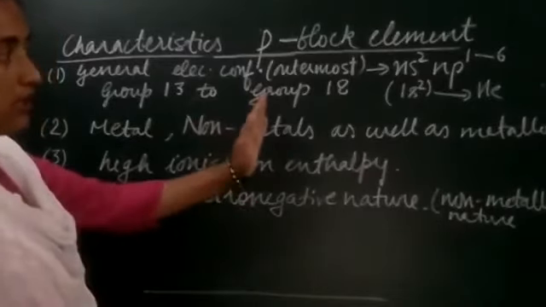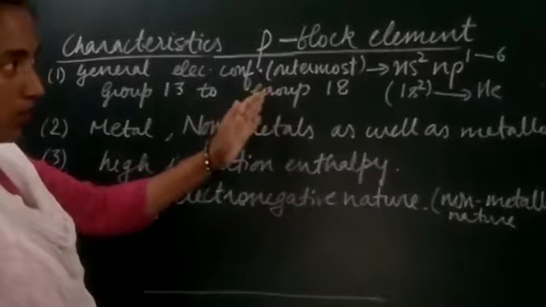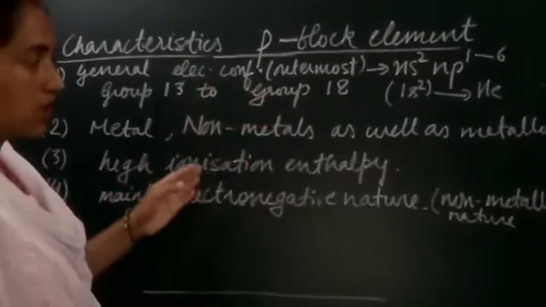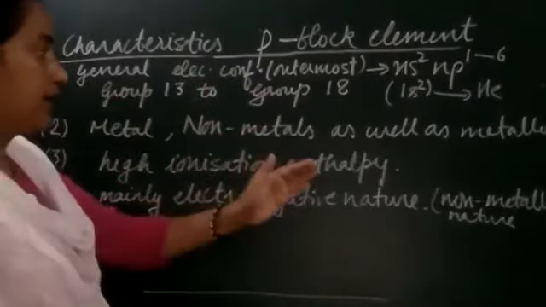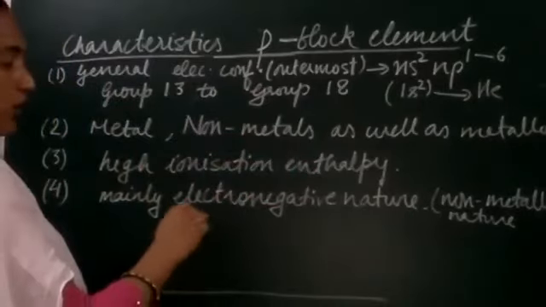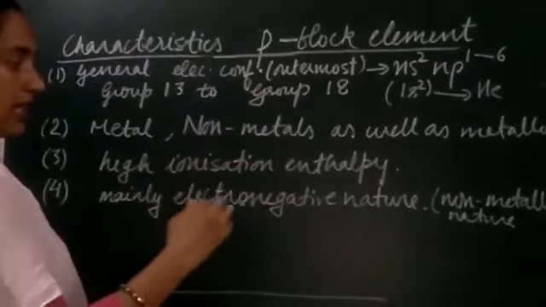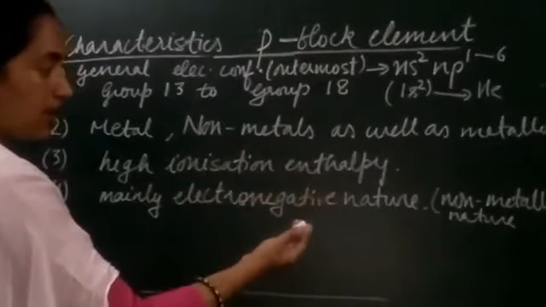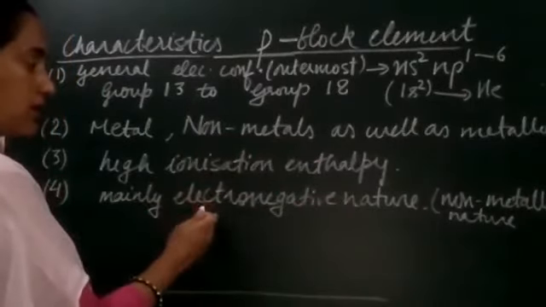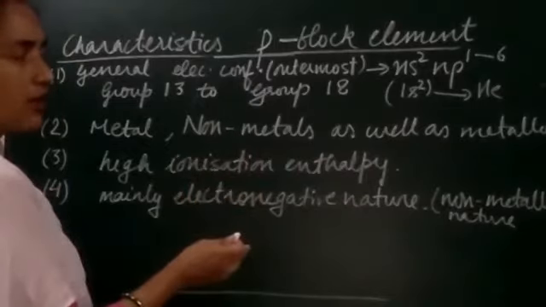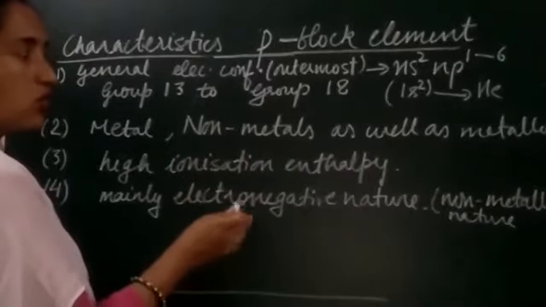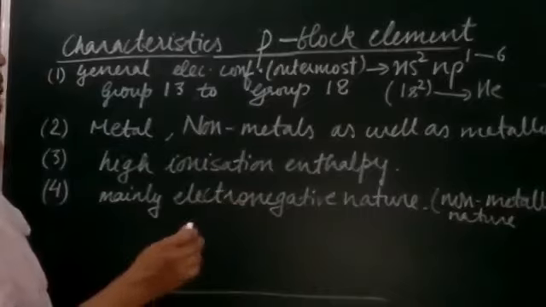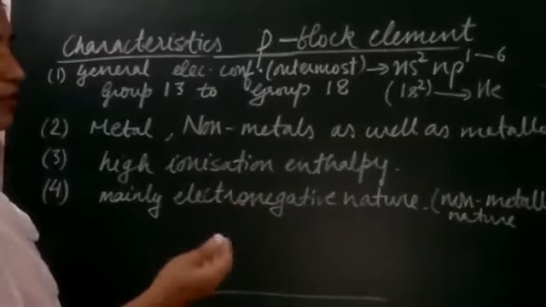Now group 18, though it is included in the p block, is not discussed when we talk about electronegativity or any other properties. We are going to study group 18 separately, since they have a completely filled configuration, so they will have some different properties.